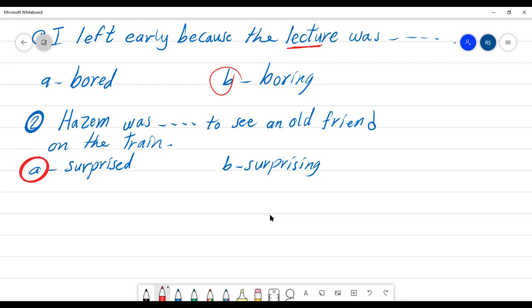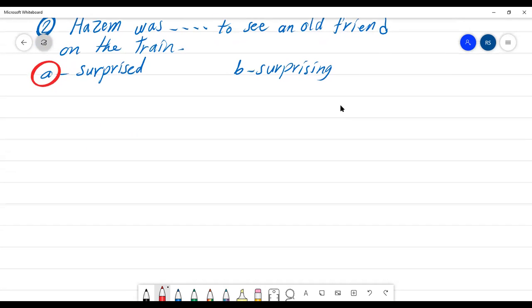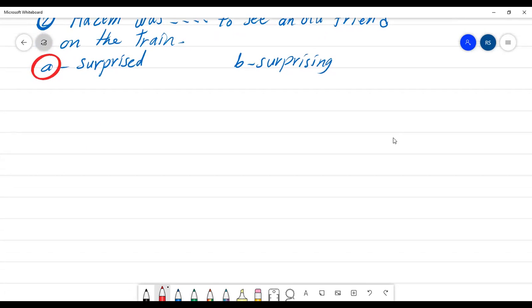We use the present participle of the verb as an adjective to describe what causes the feeling. Got it, my friends? Yes, teacher, got it. Okay.